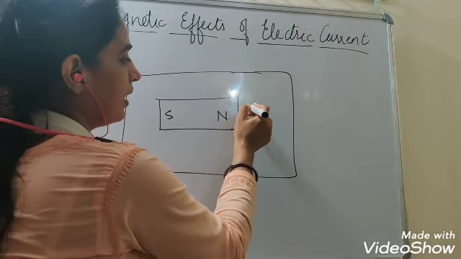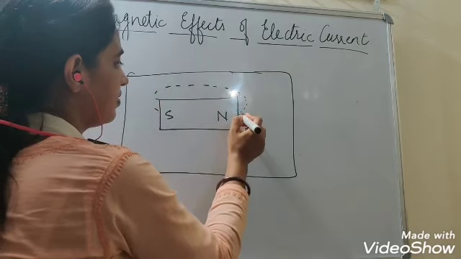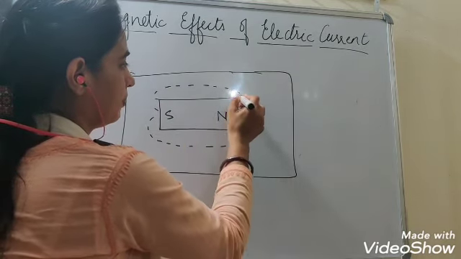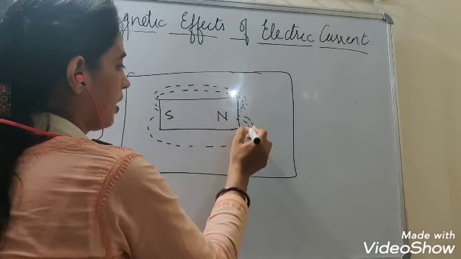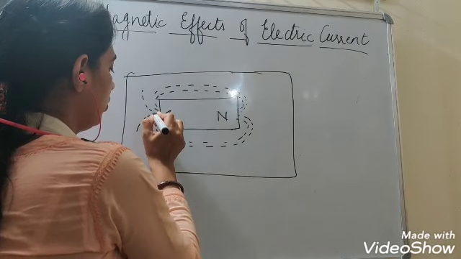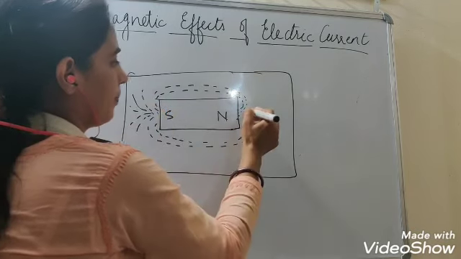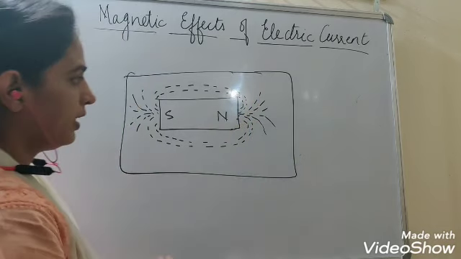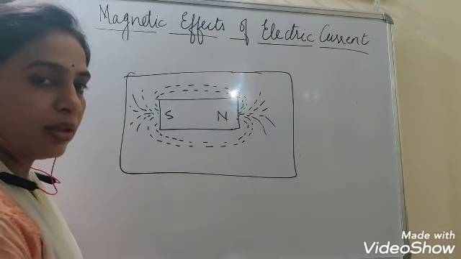So we will see that the iron filings arrange themselves like this. This will show you how the iron filings arrange themselves in this manner.